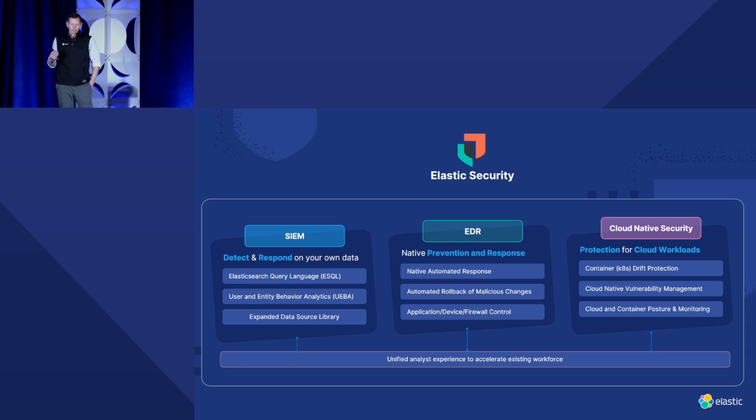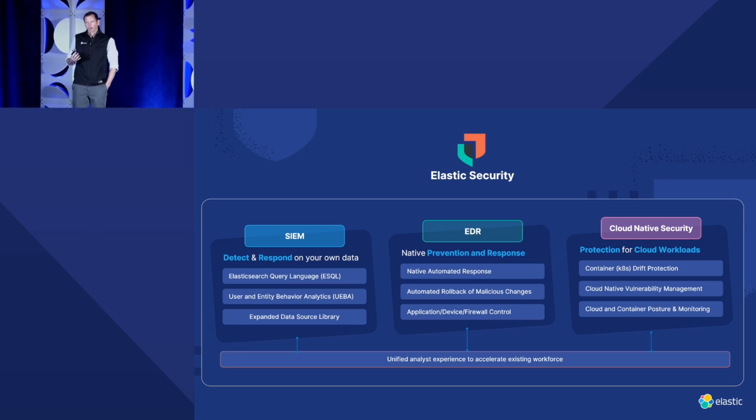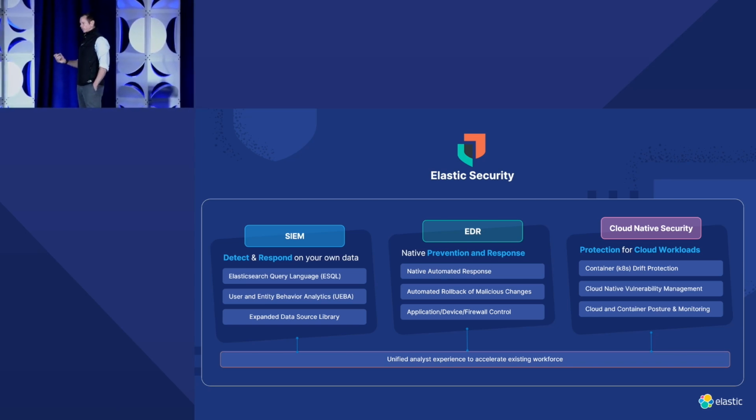So in SIEM, you've probably heard us talk about it already today, but we are building an incredibly powerful analytics language built directly into Elasticsearch, calling it ES|QL, Elasticsearch Query Language. What this is going to allow you to do is build analytics directly into your search.